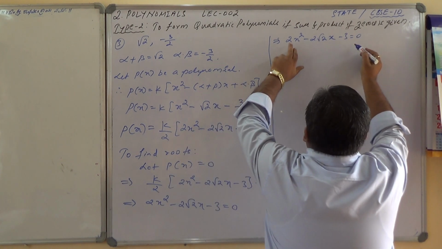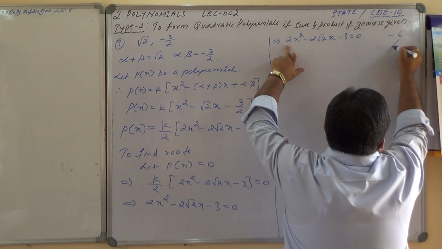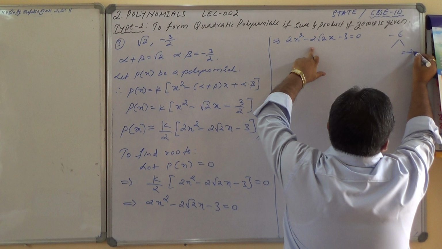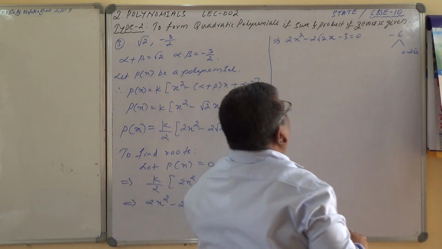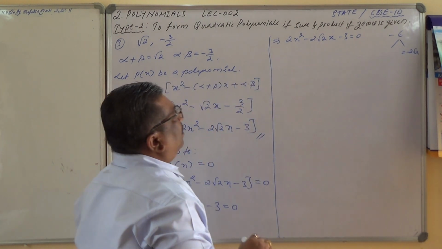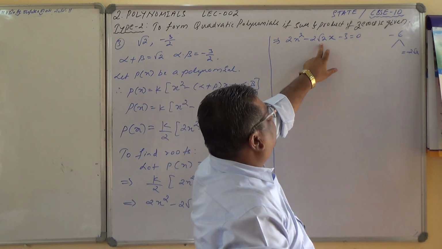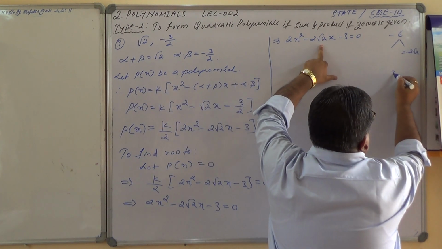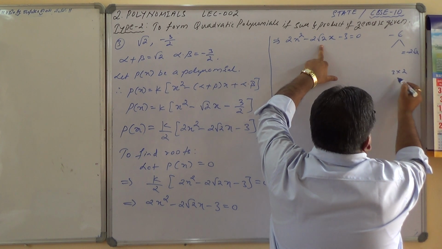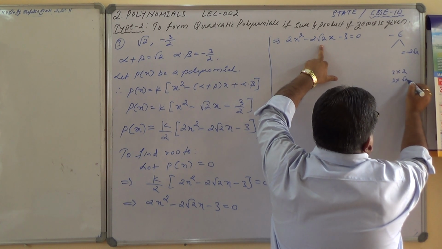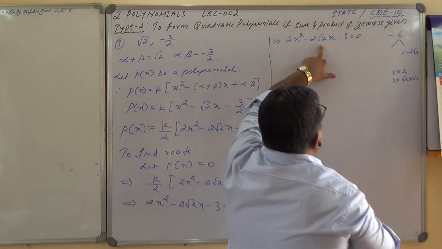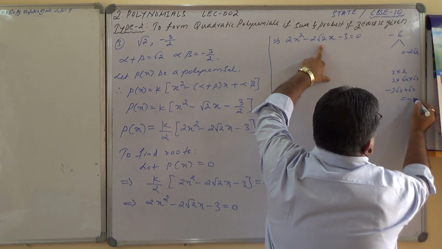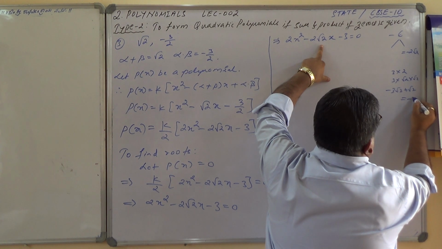I require minus 6 here, and I have to split into to get here minus 2 root 2. So I should be able to express 6 in terms of root 2 here, which is nothing but 6 can be written as 3 into 2. So 3 into root 2 into root 2. So minus 3 root 2 plus root 2 equals minus 2 root 2.